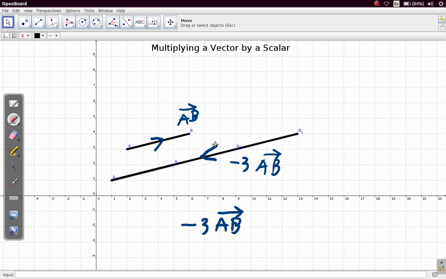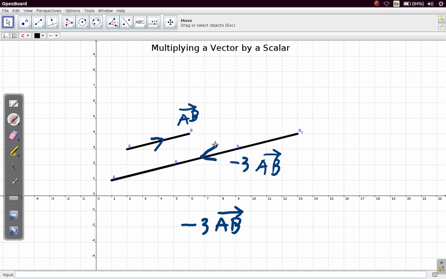By negative 3, you get 3 times the magnitude but in the opposite direction. So the negative reverses the direction of the vector, while the number tells you how many times longer or how many times the magnitude of the new vector is.